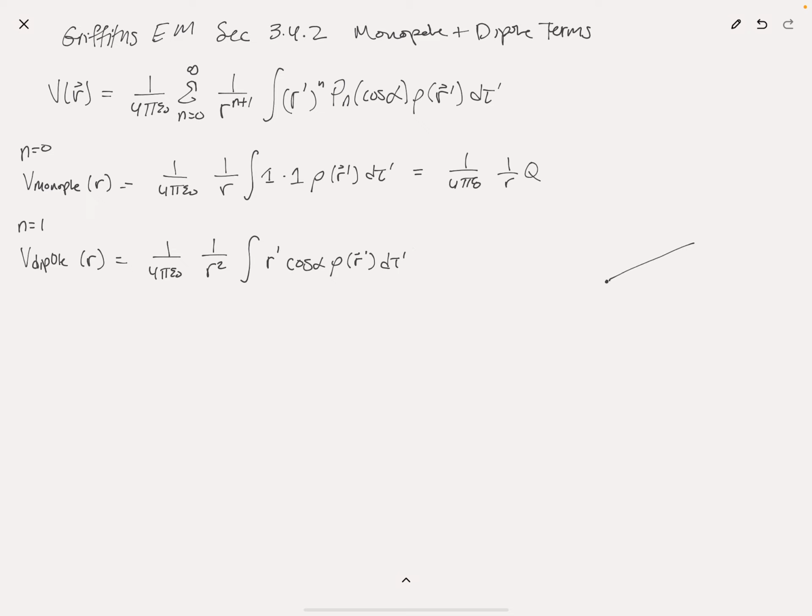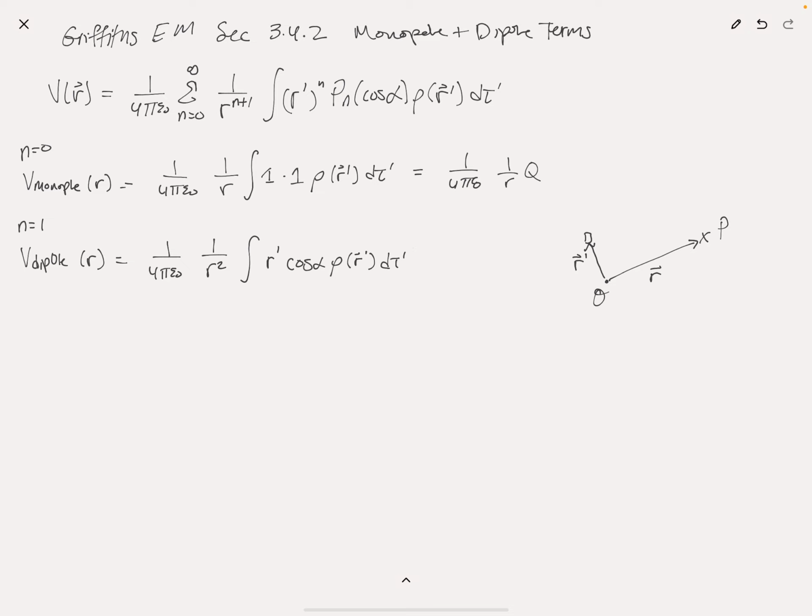Okay, so I have some origin. I want to find the potential at a point in space P. That vector, by definition, is r. I need to integrate over all of my charges. So here's a chunk that lives at r prime, and then the vector between those would be script r, but we don't need that right now, so I won't draw it.